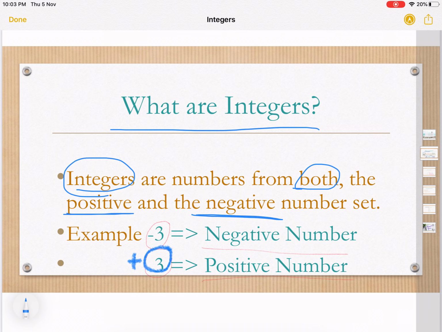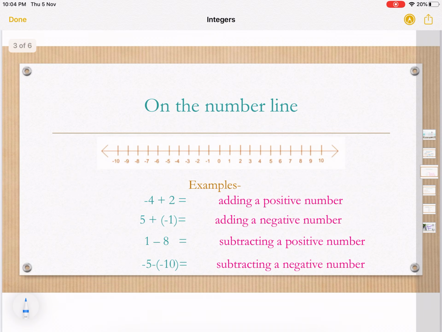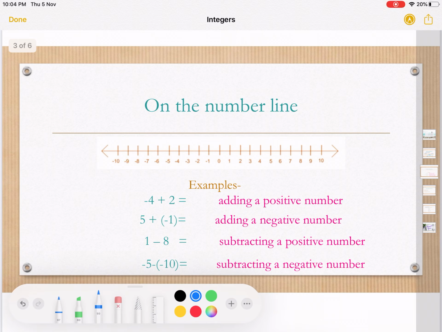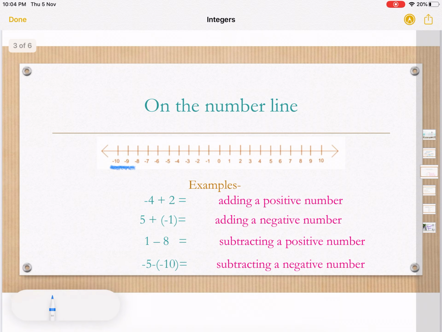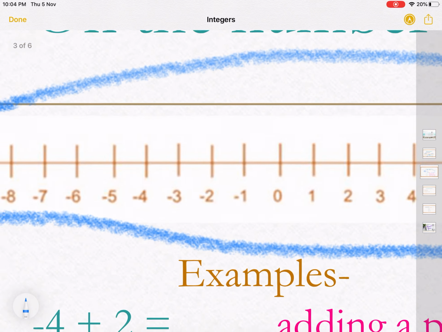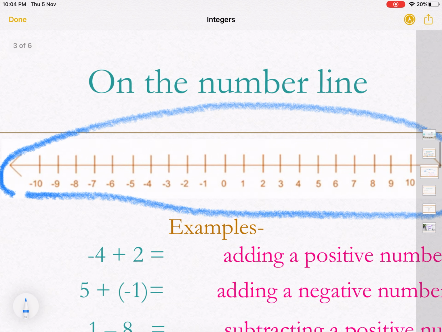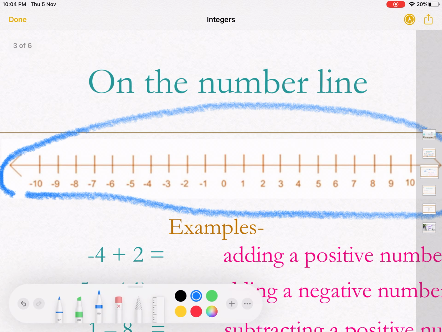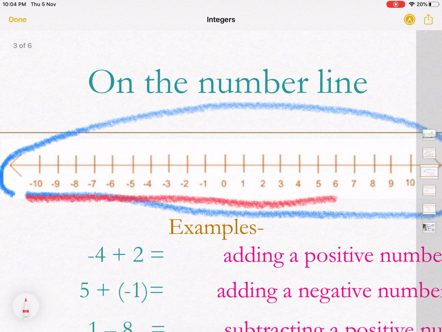Alright, let's get on. Now, we'll see how integers play a role on the number line. Let's observe our number line closely. We'll see that we have both the positive and the negative number sets here, which means that it is an integer number line.